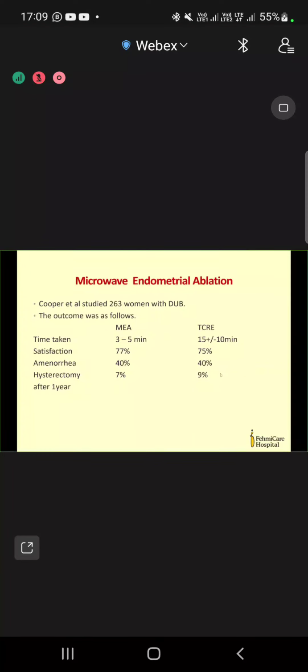Amenorrhea is achieved in both the groups up to 40%. And after 1 year, the number of women who had the need of hysterectomy was 7 to 9%. The most important point is, compared to TCRE, microwave endometrial ablation is very, very easy, very quick to learn, and very easy to adopt.